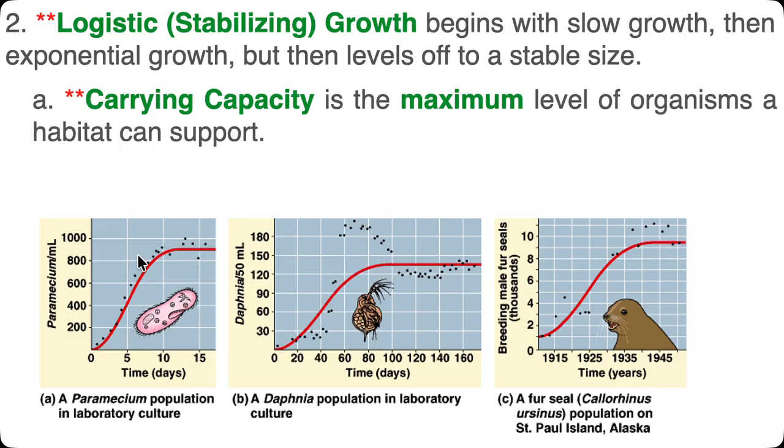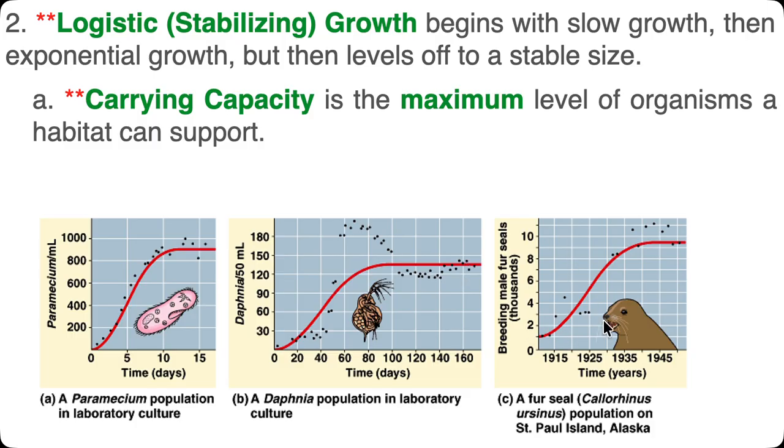So this Petri dish can kind of safely fit like 9,000 paramecium per milliliter. This environment can kind of safely fit somewhere between 120 and 130. So let's say like 140 Daphnia in the Petri dish.